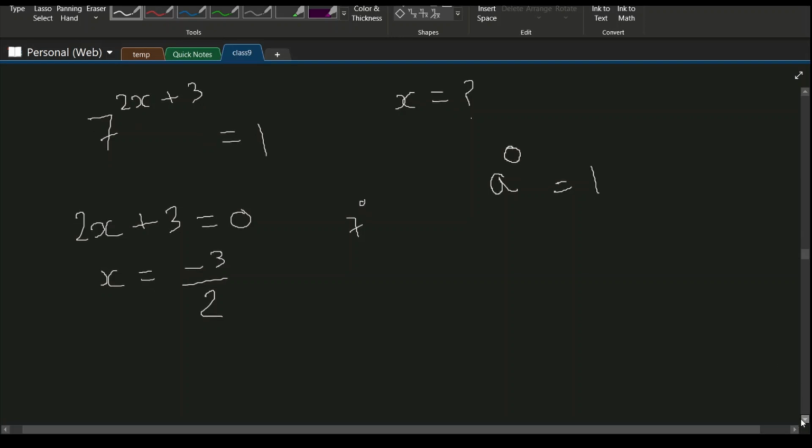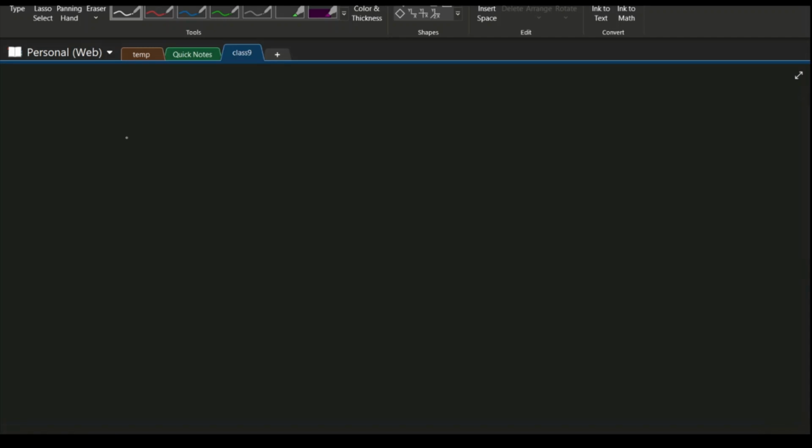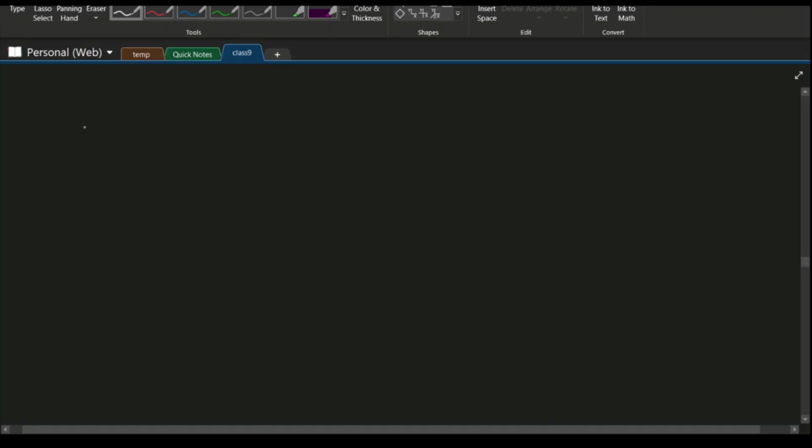Now moving on, what I wanted to cover today is what happens if we have fractional powers. So far we have looked at when powers are integers, right? Whether it's a positive integer or a negative integer, we saw both.